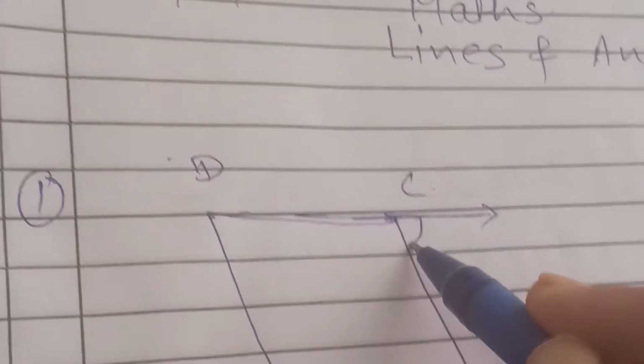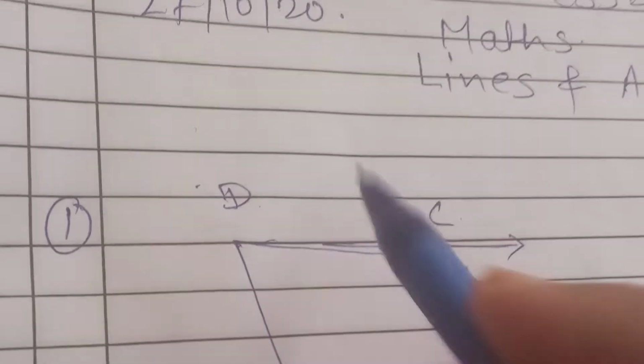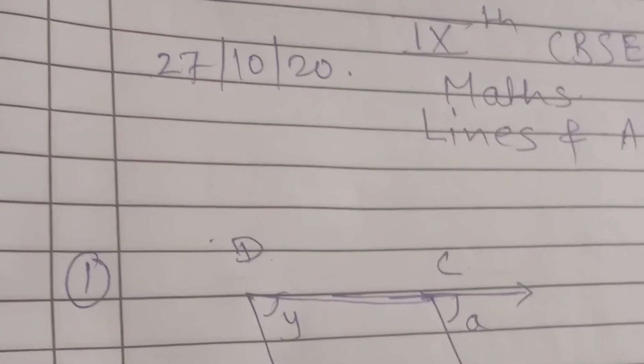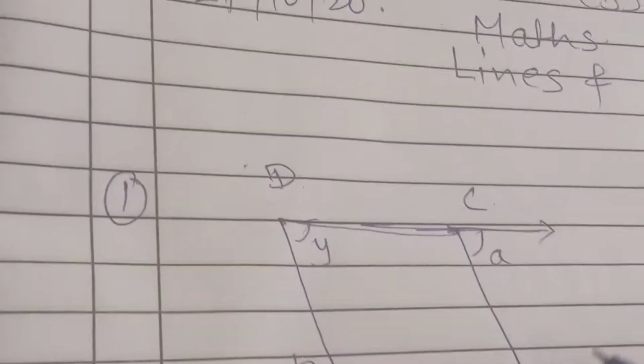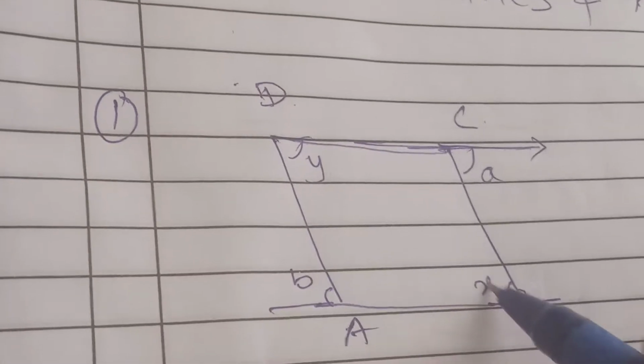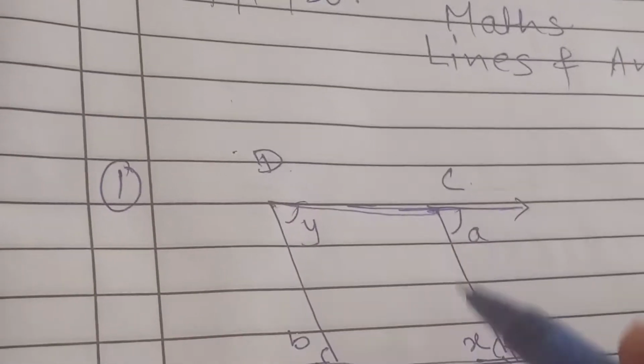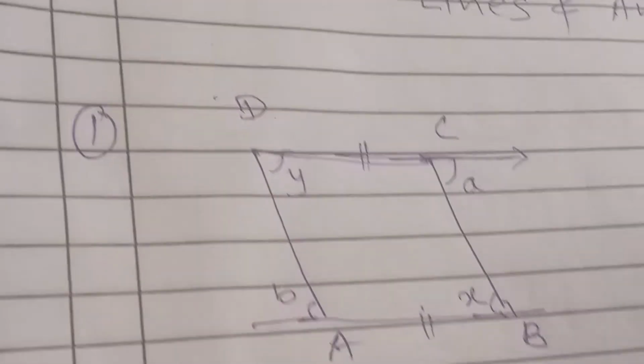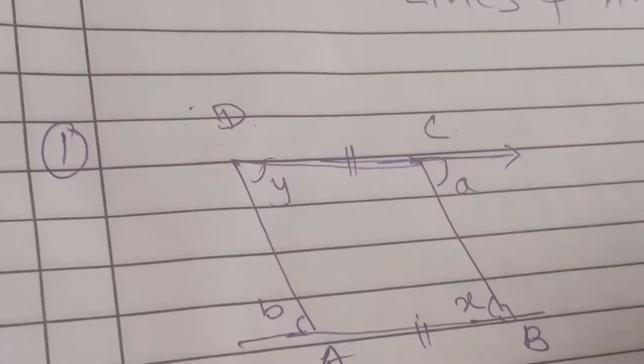This angle is A. This angle is Y. This angle is B. Then this angle is X. These lines are equal.